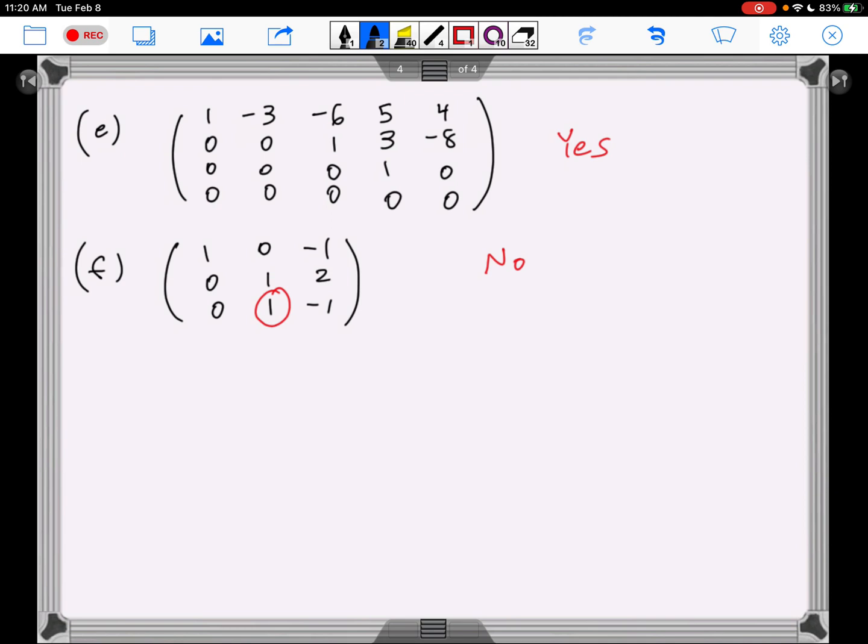Okay. So let's go ahead and write down one little thing before I talk about something a little different, okay? Just because a matrix is not in row echelon form, it doesn't mean that we cannot do stuff to it in order to turn it into a row echelon matrix. So let's talk about that.